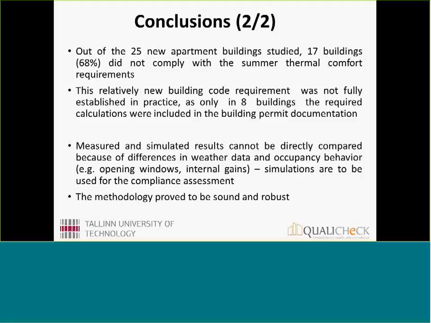Indeed, we can do a validation study which will show that simulation and measurement results can be very close, but this is for research purposes and methodology development. And overall, the methodology proved to be sound and robust, so this really can be used in the overheating assessment.